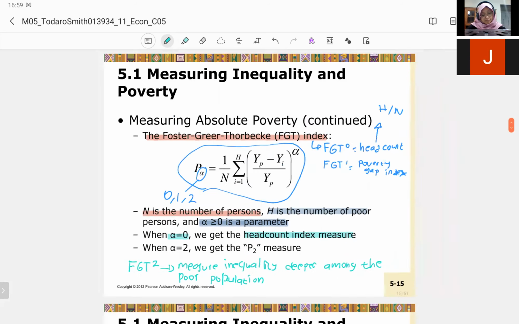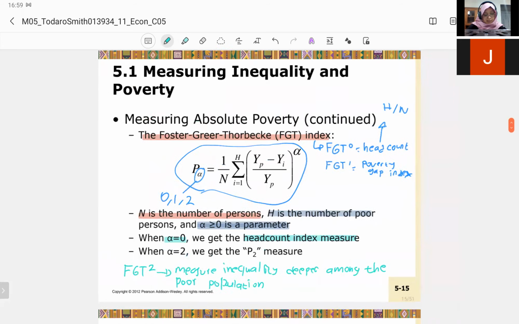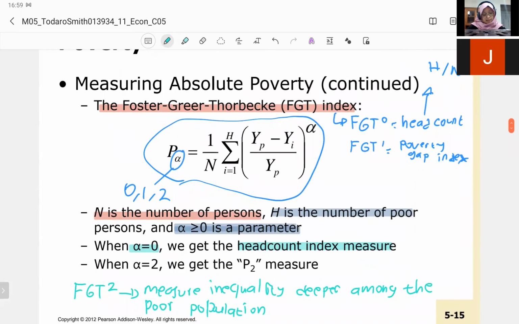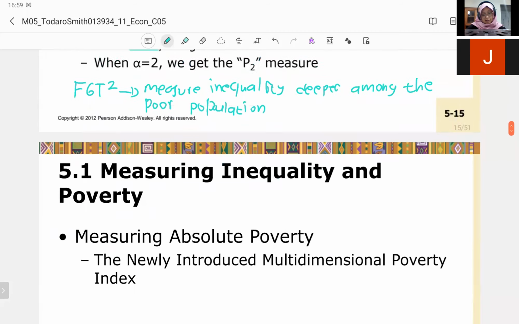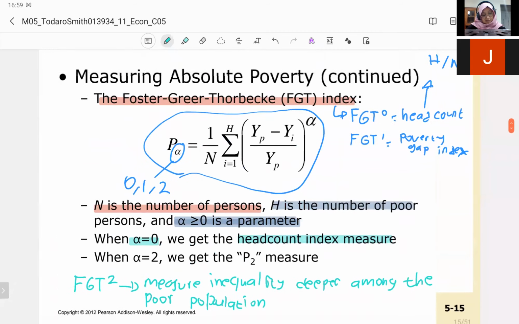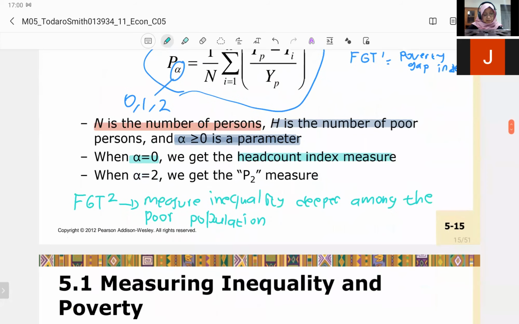Okay, so that's the FGT index. Any question in this case? Not yet. Okay, I will continue.